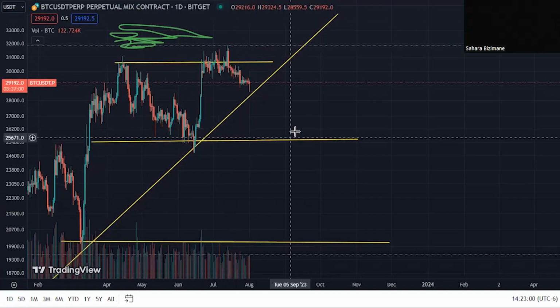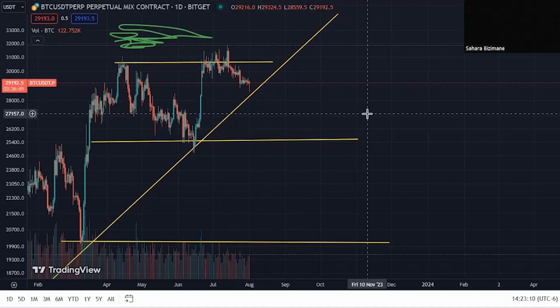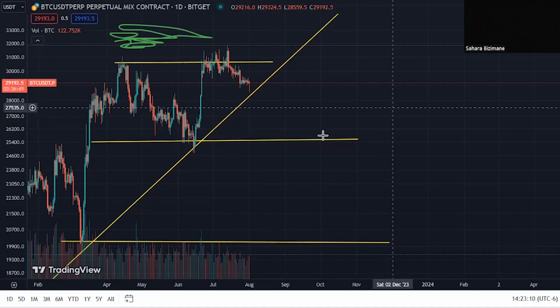Instead, it's actually going to reverse back up. So if you see even one bullish candlestick, mark that in your head, that the price might not break this neckline anytime soon.